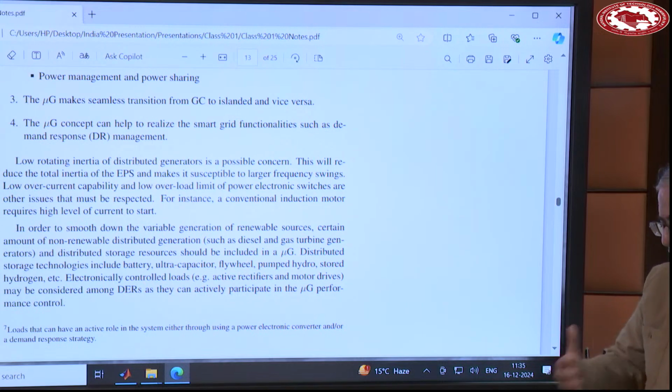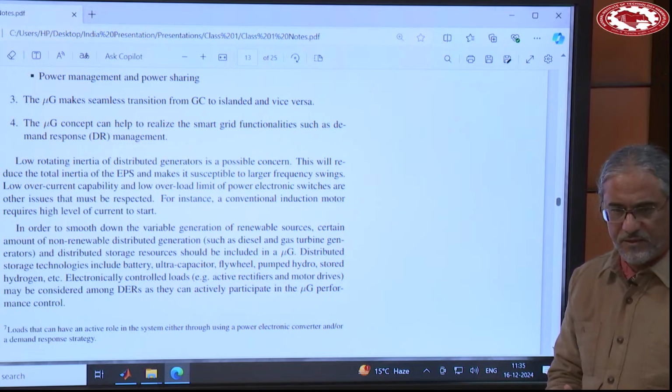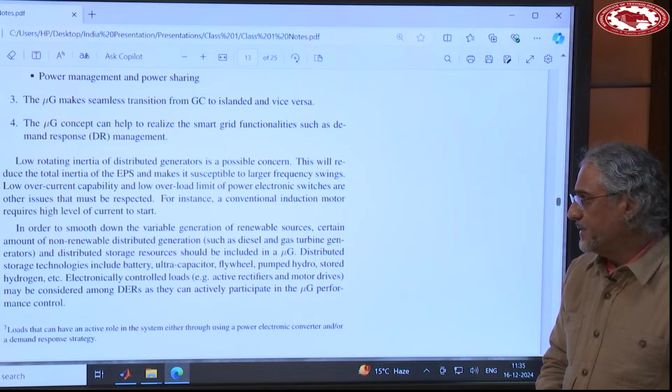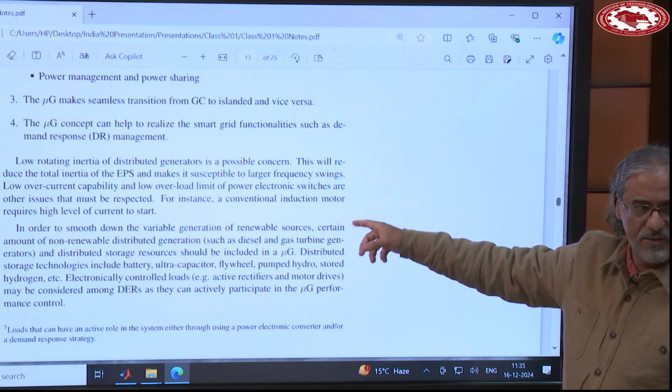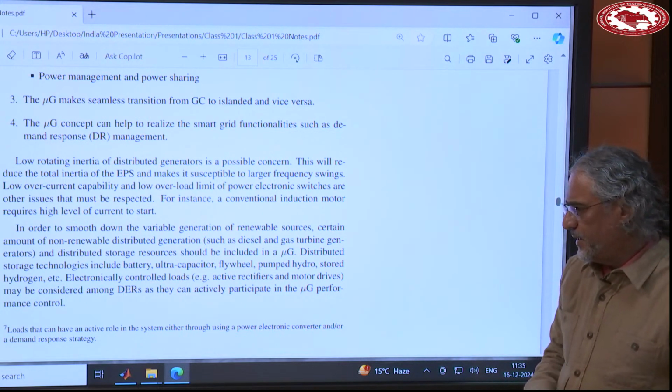That's the inertia, the energy which is stored in the rotating masses inside the generators. And again, later on in one of the chapters, we go into the mathematics of how the inertia works. But now I'm just showing it.